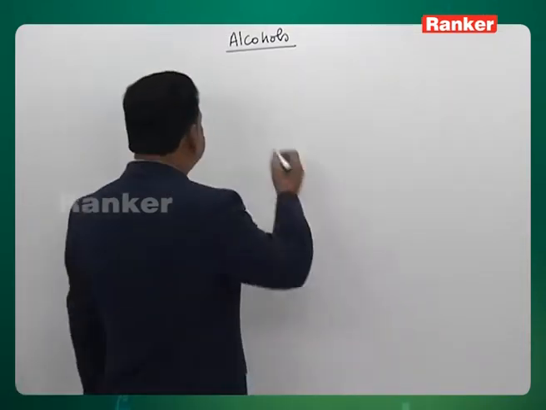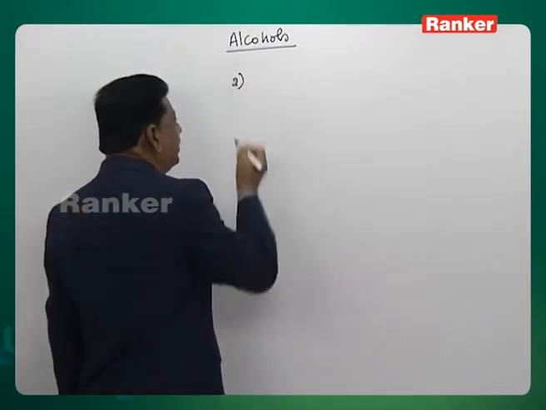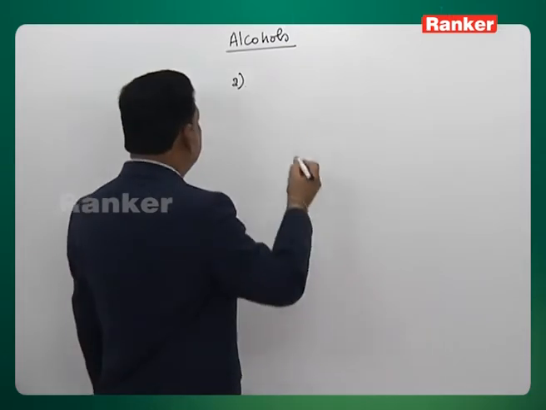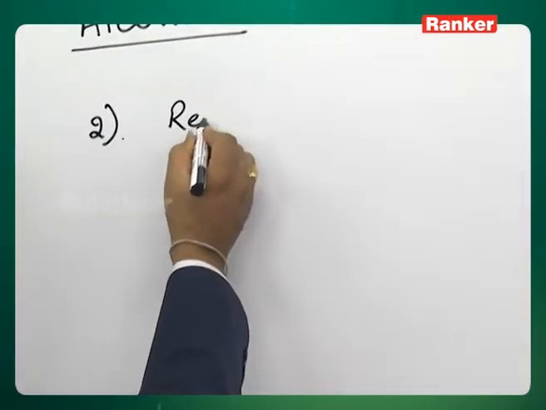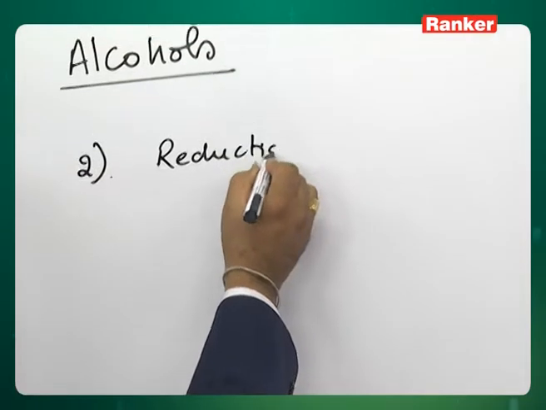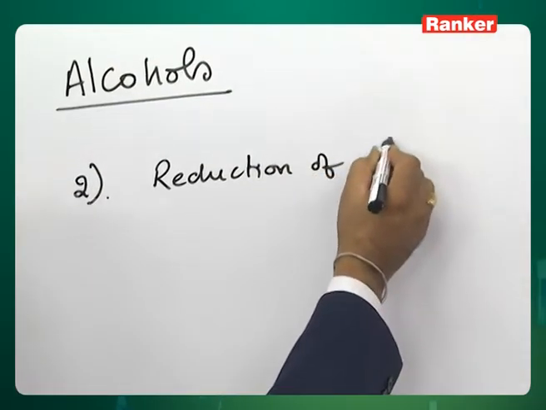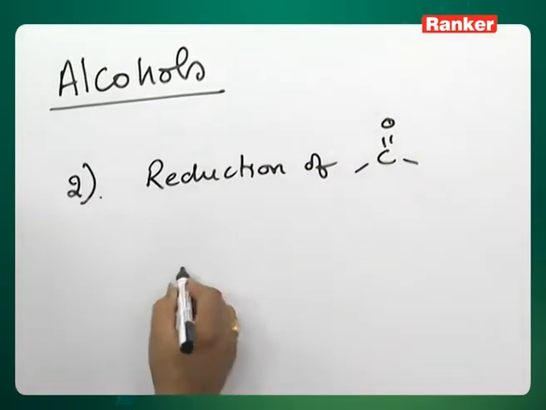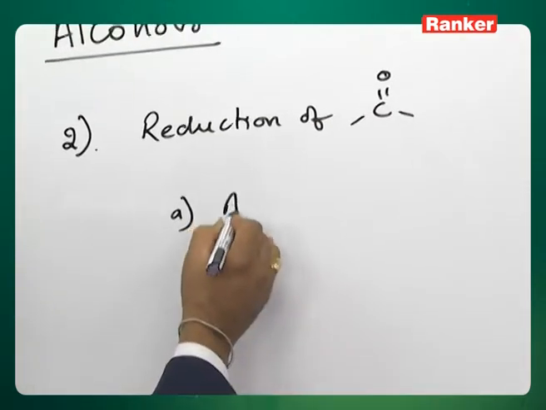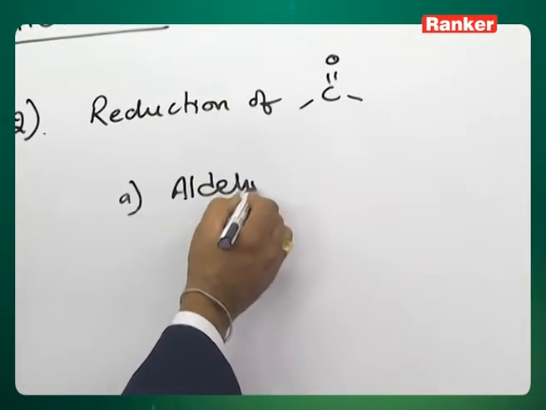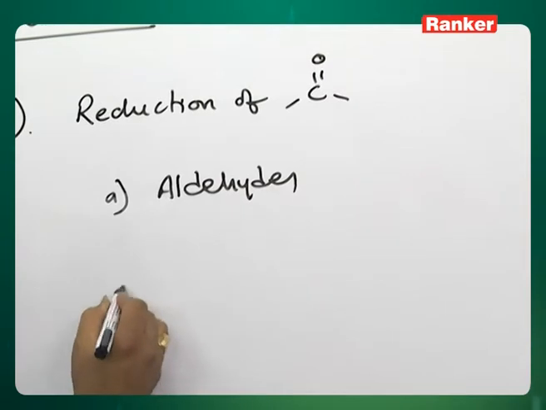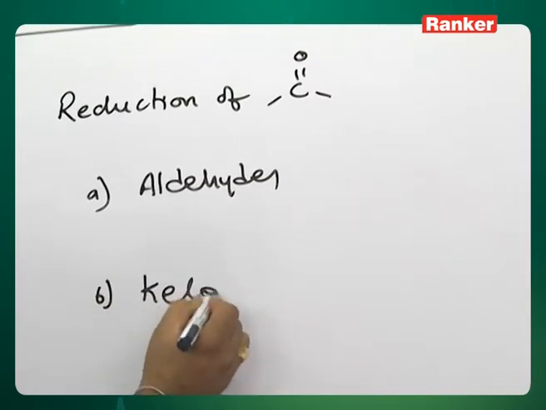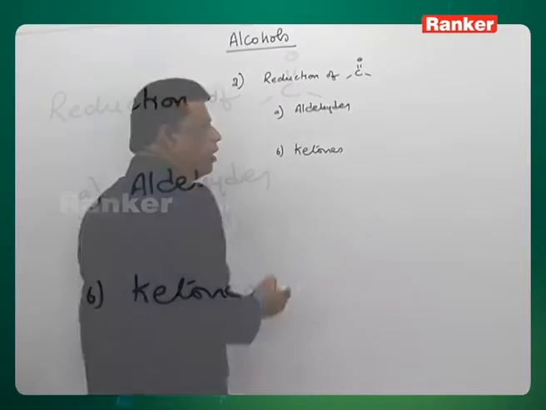Let us go to the second method, the preparation of alcohols by reduction of aldehydes and ketones. Reduction of a carbonyl compound can be subdivided into aldehyde reduction and ketone reduction.